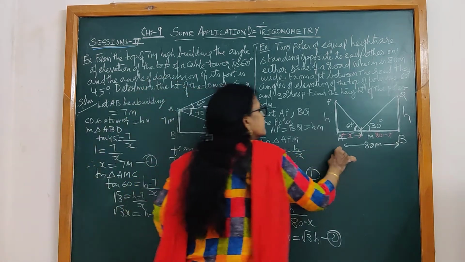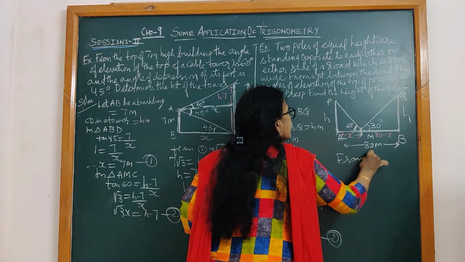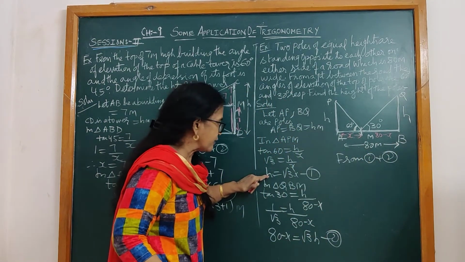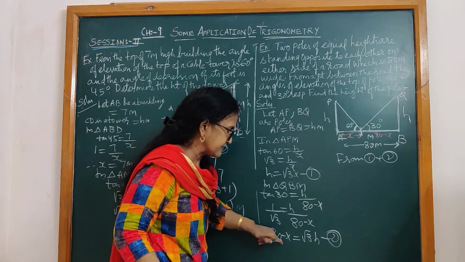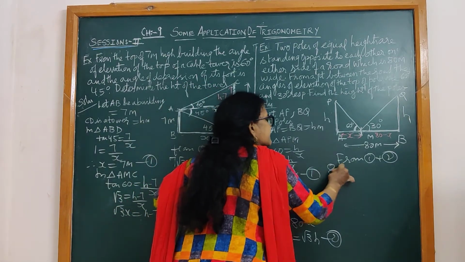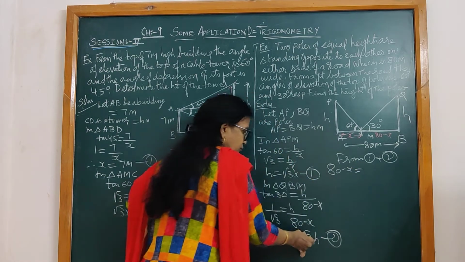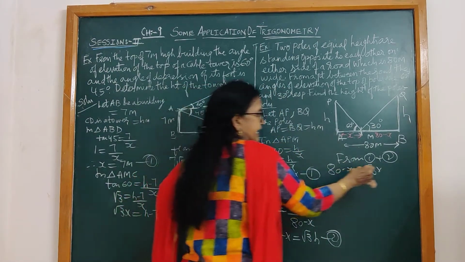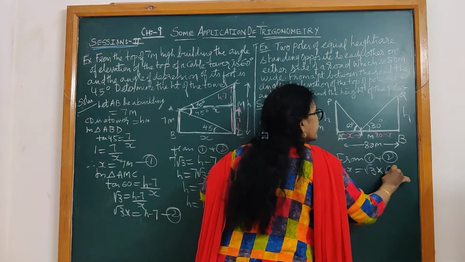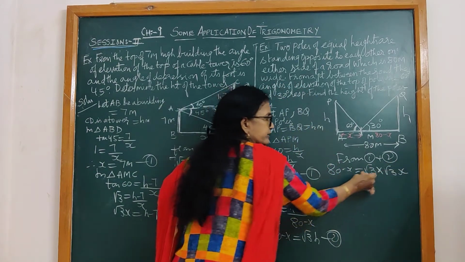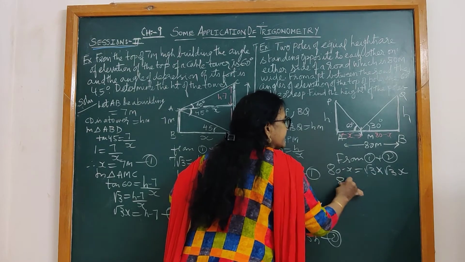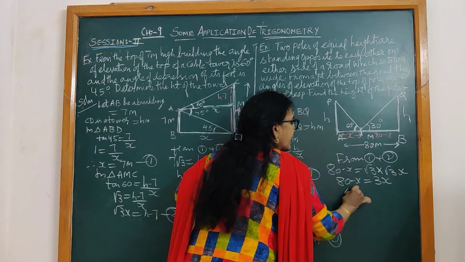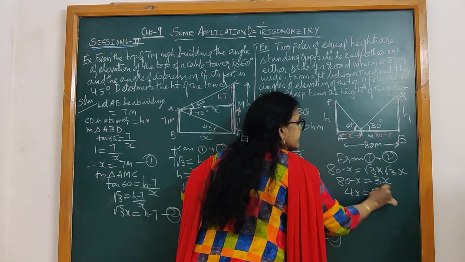From 1 and 2, now see, you can replace the value of h as root 3 x in this. So 80 minus x is equal to root 3, and the h value I am keeping as root 3 x. Root 3 times root 3 will become 3. 80 minus x is equal to 3x. 4x is equal to 80.